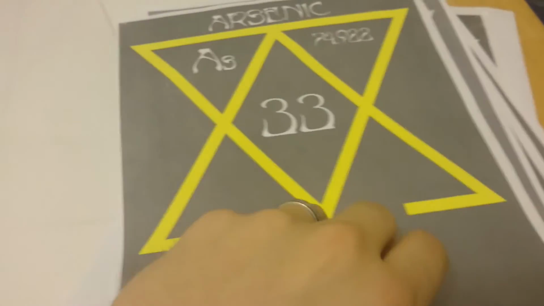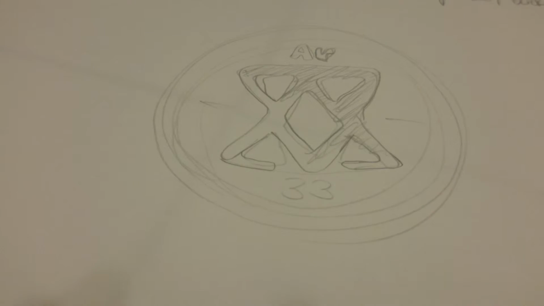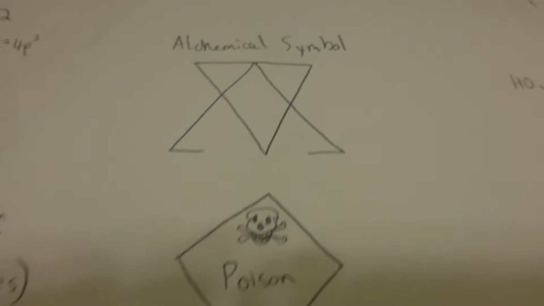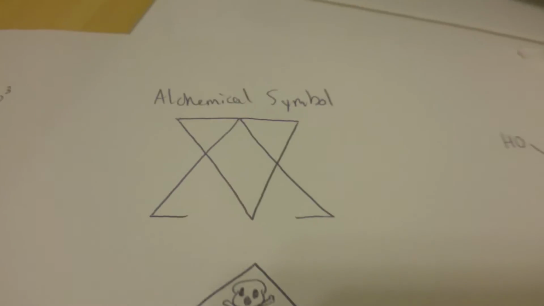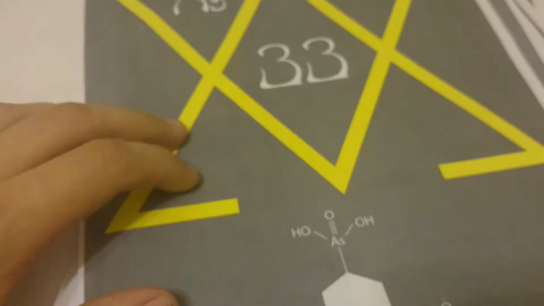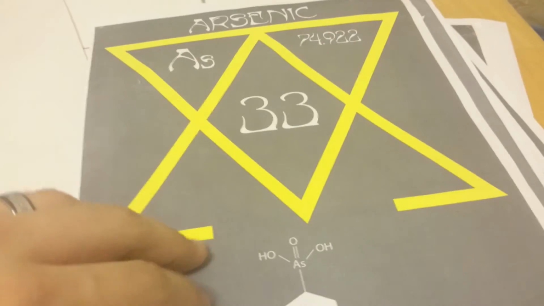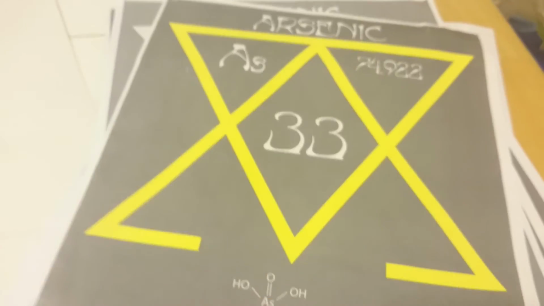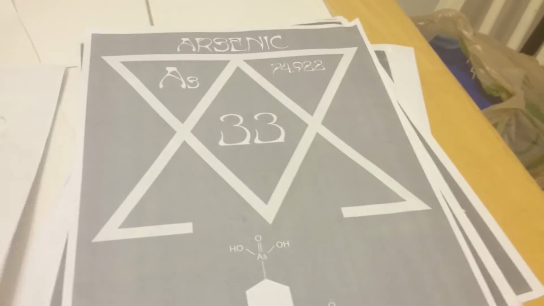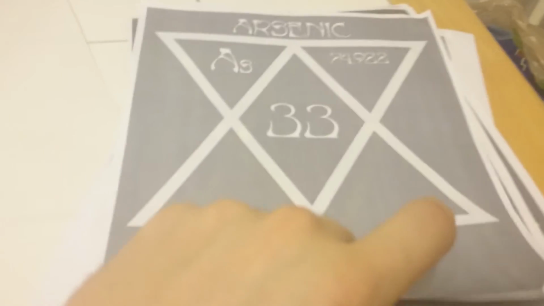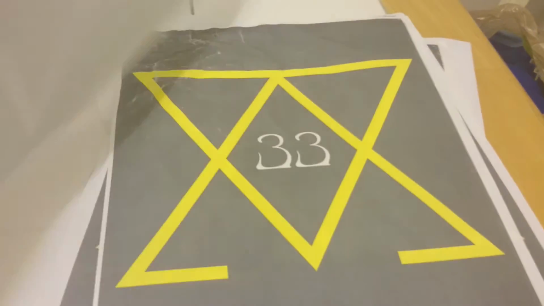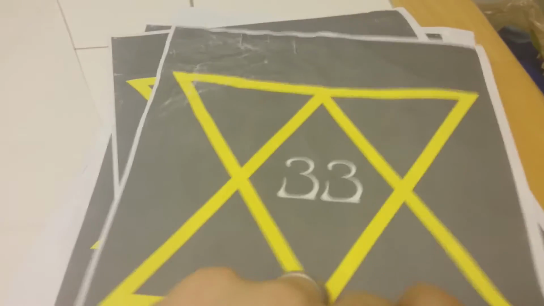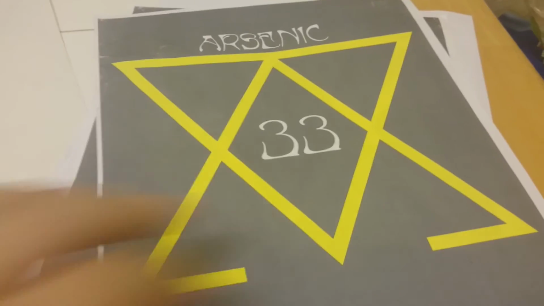This is kind of where I started out, and this was based on one of my earlier sketches, or a couple of them actually. This is the alchemical symbol for arsenic, with the information placed within. I just did some variations on this, ran with it, tried taking information out, adding information in.